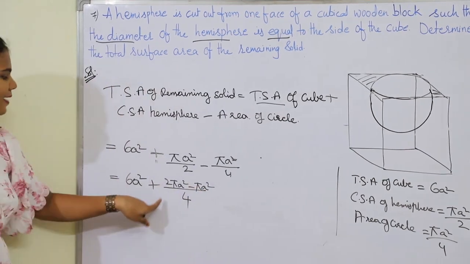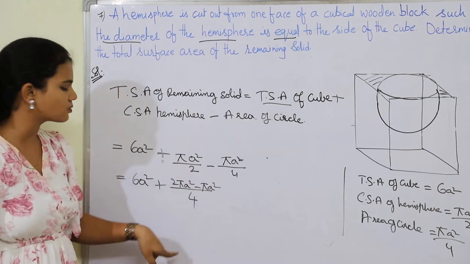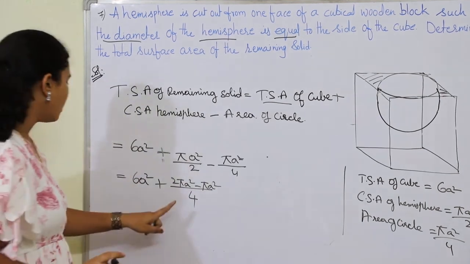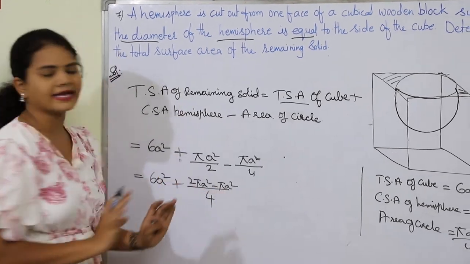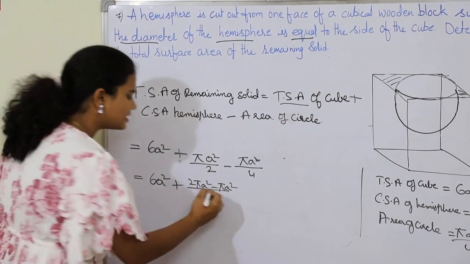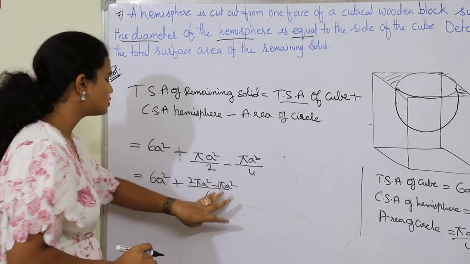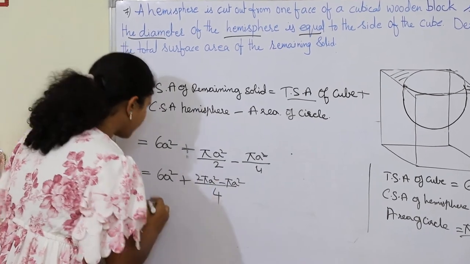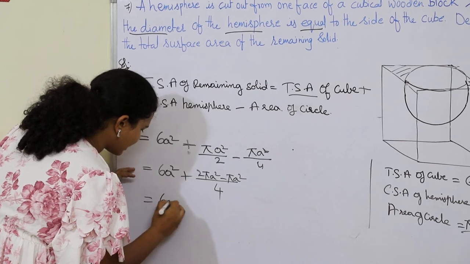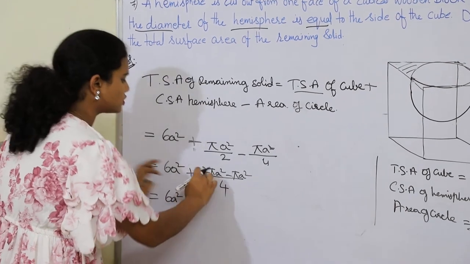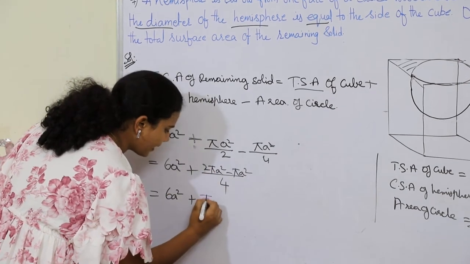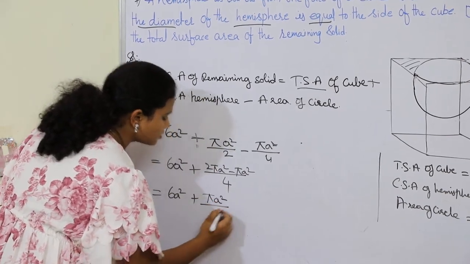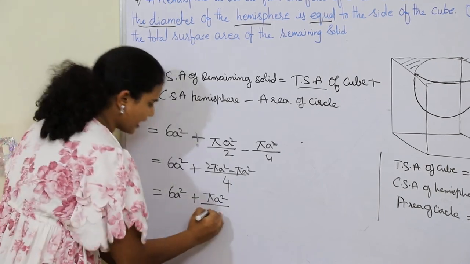Okay. So 6a square plus 2 pi a square minus pi a square by 4. Done. Now just focus on this, where 2 pi a square minus pi a square. Well, imagine 1 over here, guys. So 2 minus 1, 1. So I can write 6a square plus 2 pi a square minus pi a square gives pi a square, again pi a square by 4 as it is.